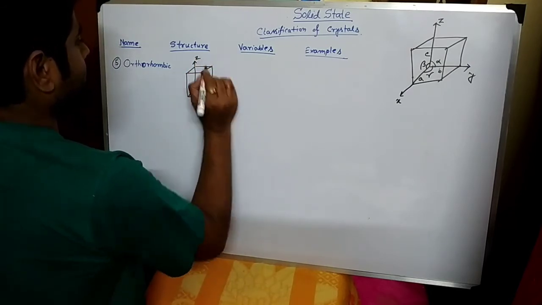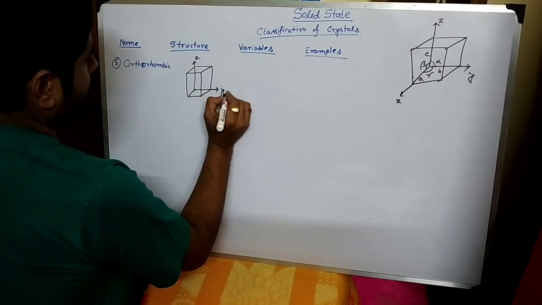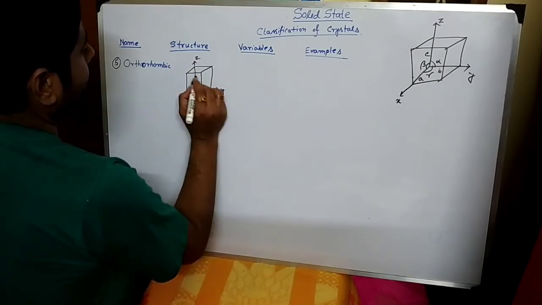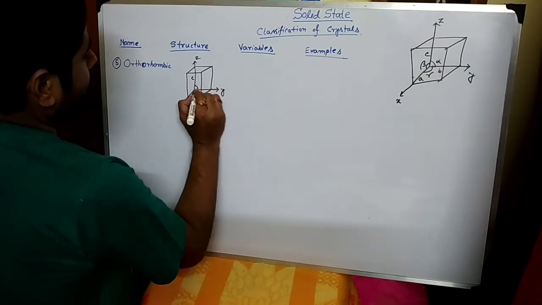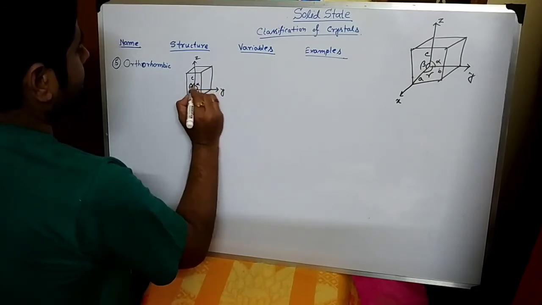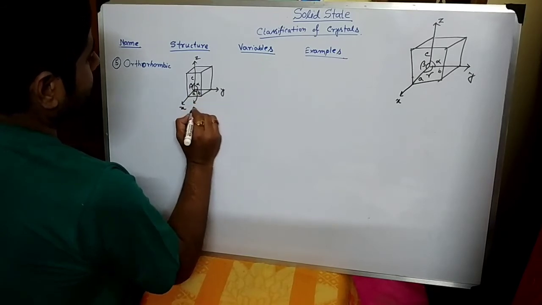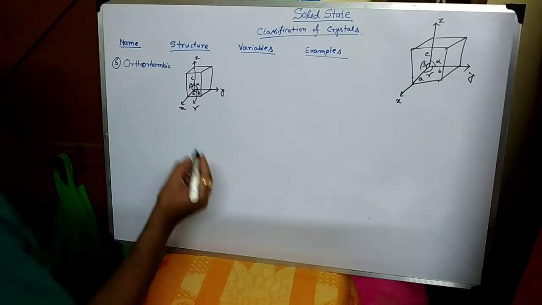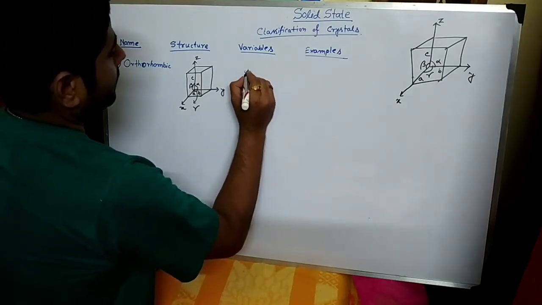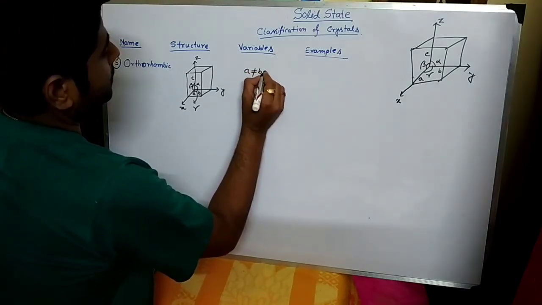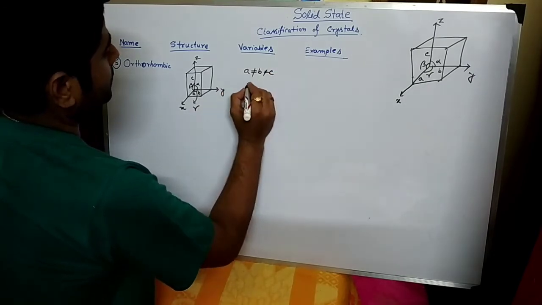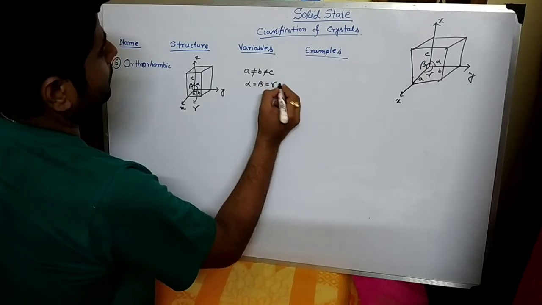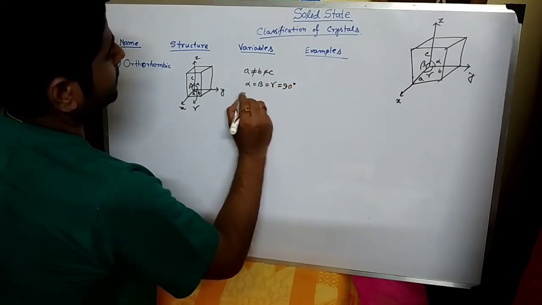Similarly, this is representing the Z axis, Y axis and X axis. A, B, C, angles alpha, beta and gamma. So what is the restriction for this? A not equals B not equals C, alpha equals beta equals gamma equals 90 degree.